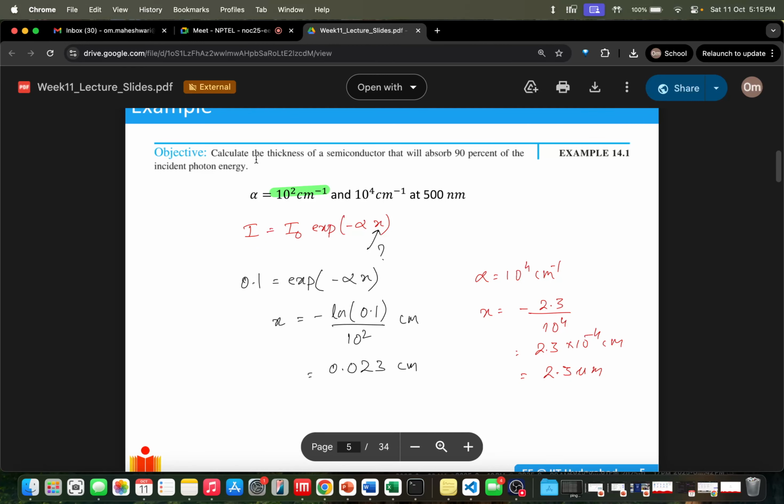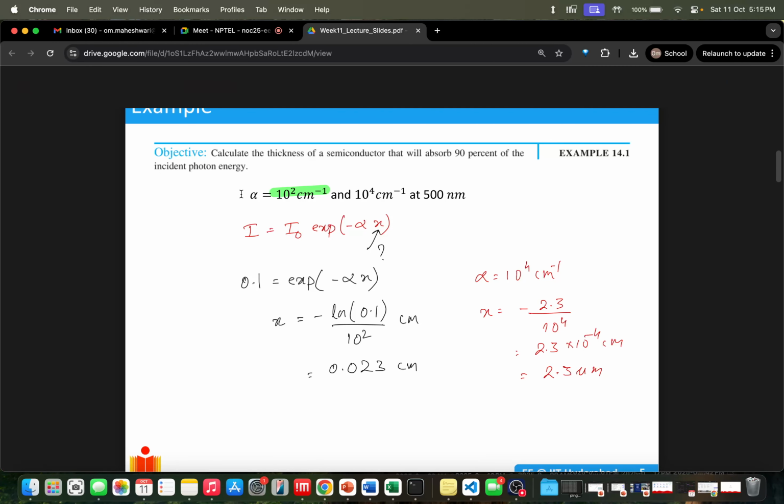Just an example: calculate the thickness of semiconductor that will absorb 90% of incident photon energy, if alpha is 10 square per centimeter and 10 to the power 4 per centimeter at 500 nanometer. I equals I naught exponential of minus alpha times x.